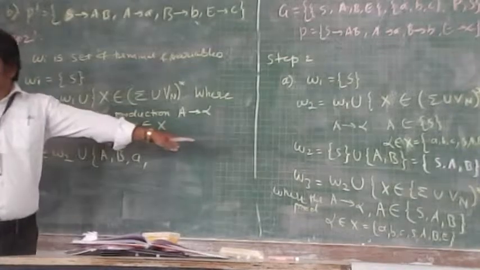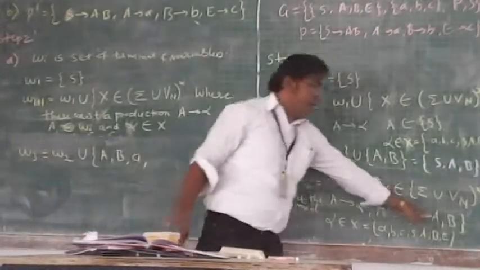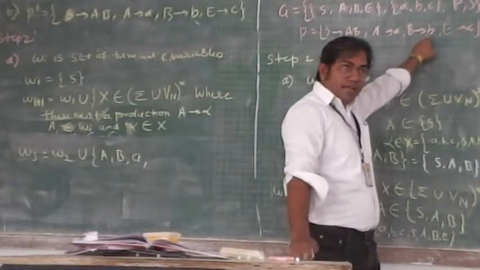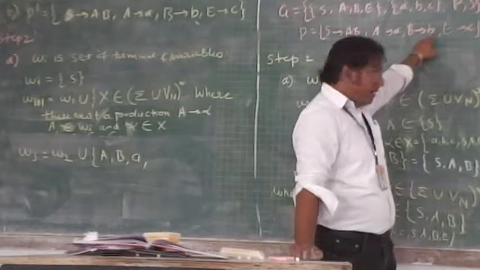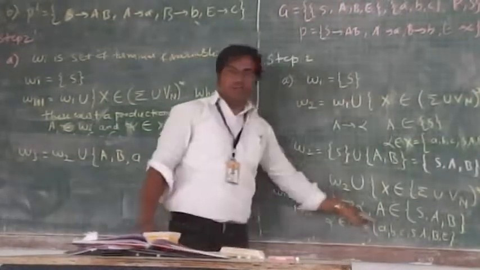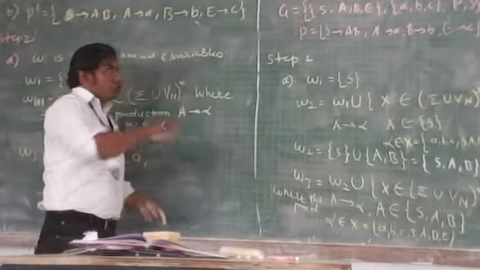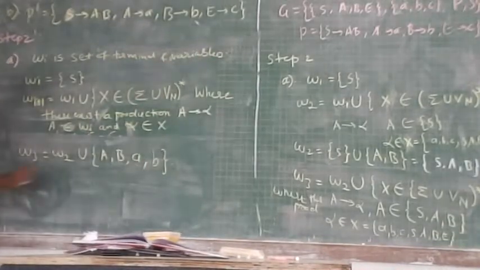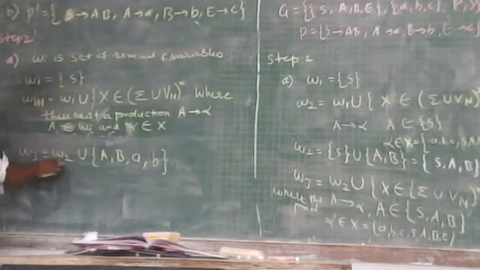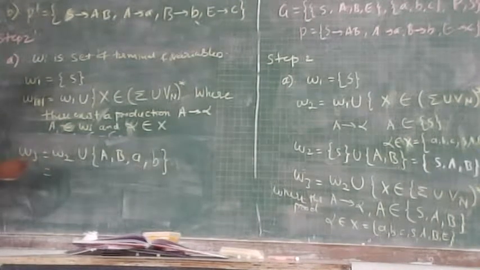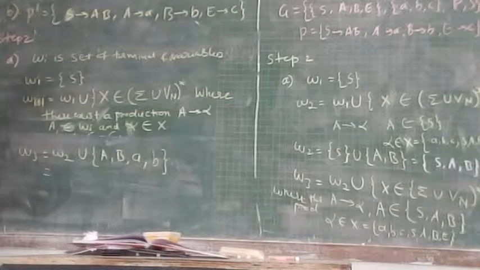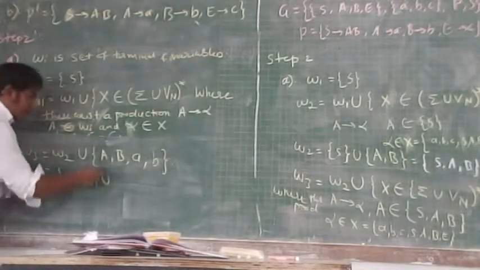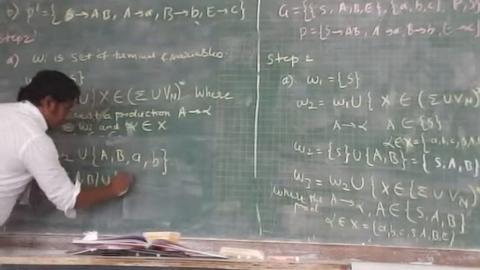Go to the next production. Next symbol, next variable B. B is there. See the right hand side. B terminal is there. So B belongs to this closure. It is belonging. So let's copy that into this set. Now W3 becomes, what is W2? W2 is SAB, and union of this AB.